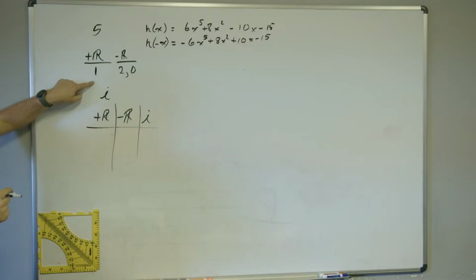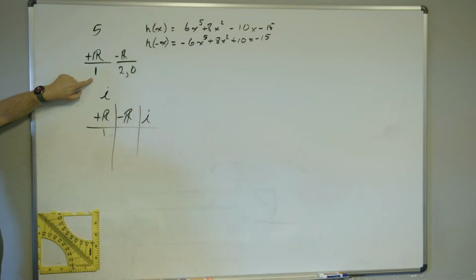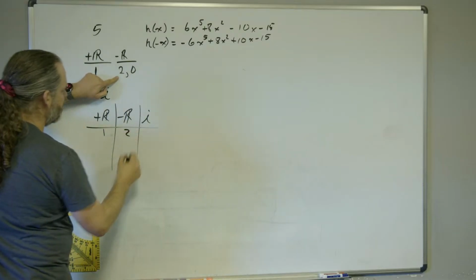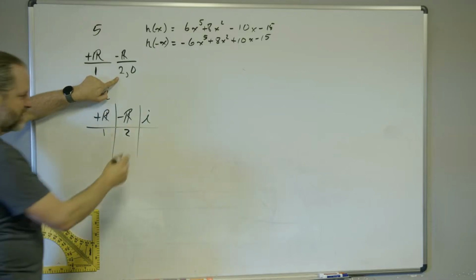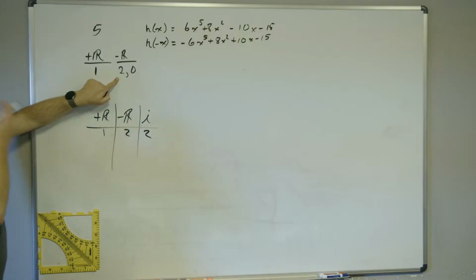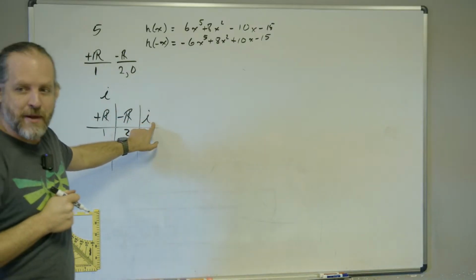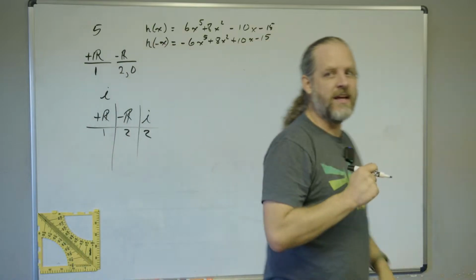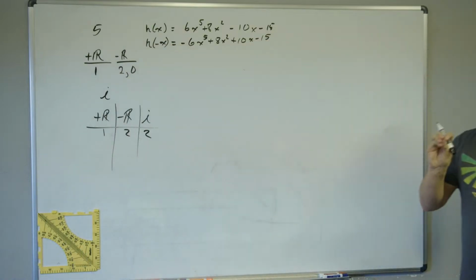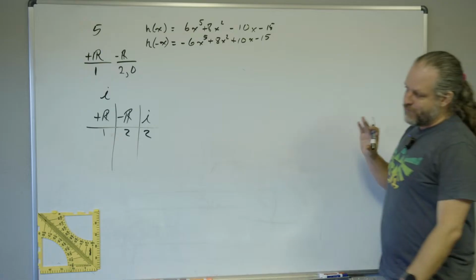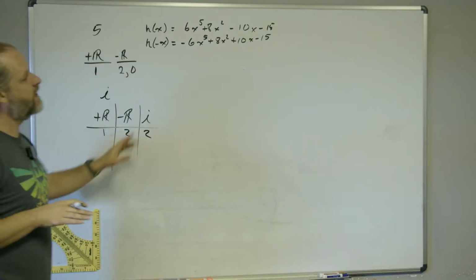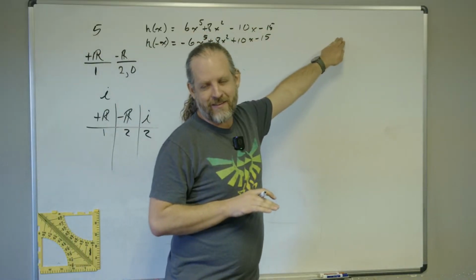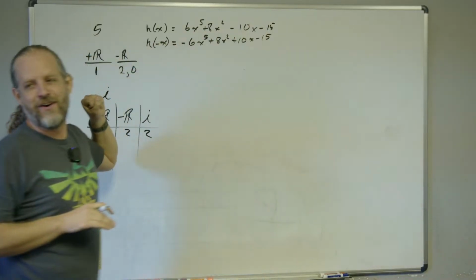So if there is 1 positive one and 2 negative ones, then there's 2 imaginary ones. Imaginary ones always come in pairs, by the way. They always come in pairs because they're always plus or minus. So if you come up with an odd number, then you did something wrong. And probably what you did was they probably all have an x, and so you didn't factor an x out first and do it with that one.